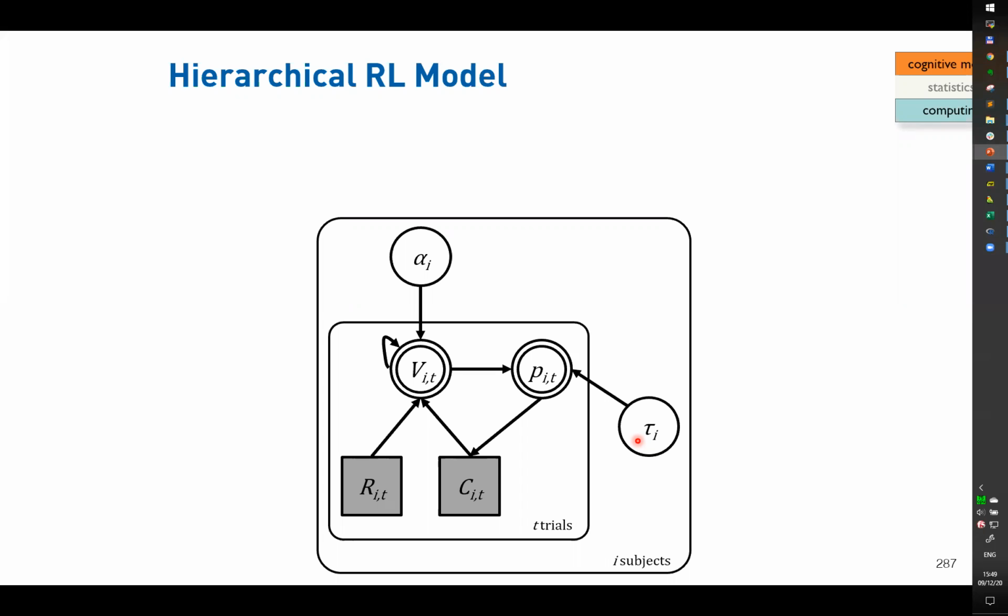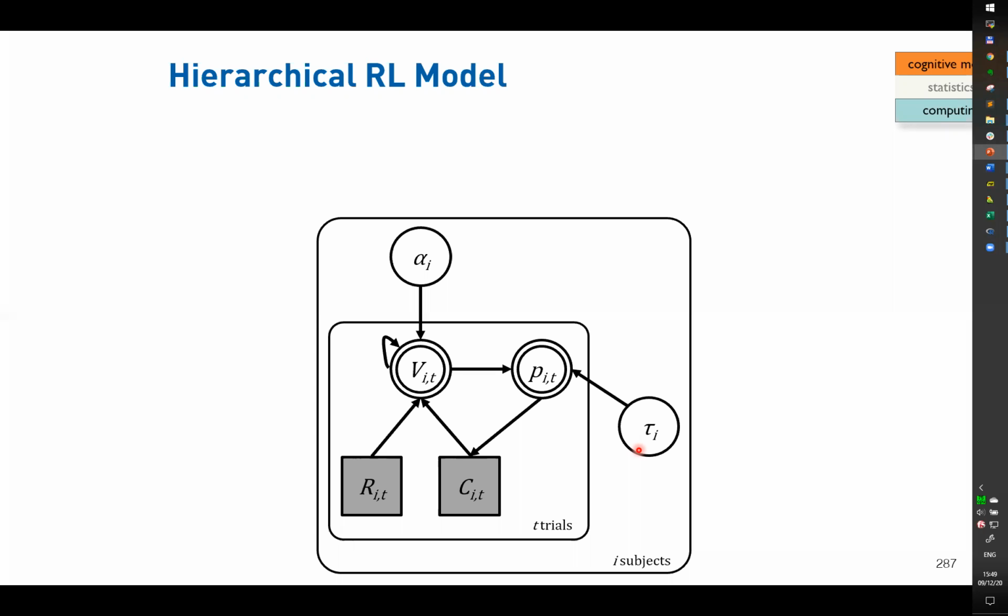Isn't it the case that we want to have a group level distribution for the learning rate parameter and a group level parameter distribution for the tau, right? Group level, normal. And what do we need for a normal distribution? So we need the position parameter, so the mu of the normal distribution, and the scale parameter, the standard deviation of the normal distribution.